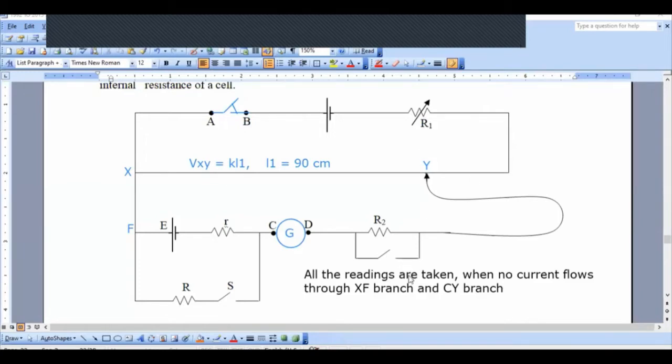Right. So I have said that all the readings are taken when no current flows to the XF branch and the CY branch.